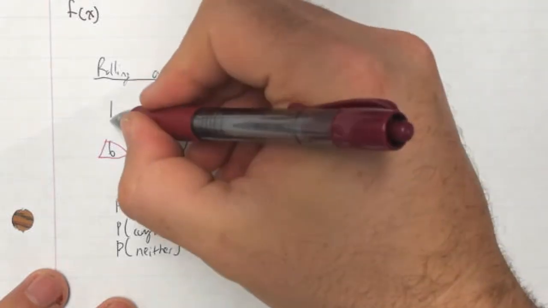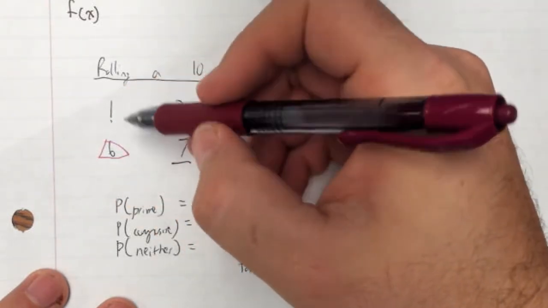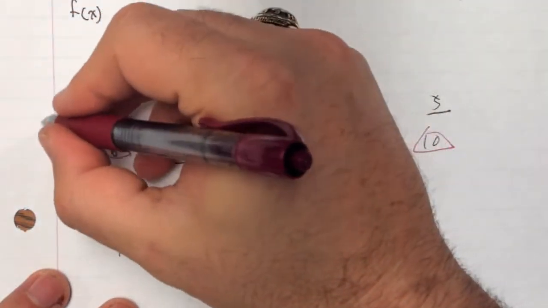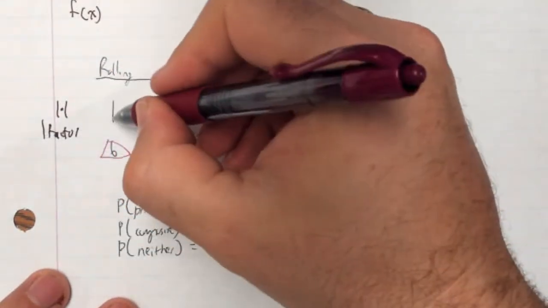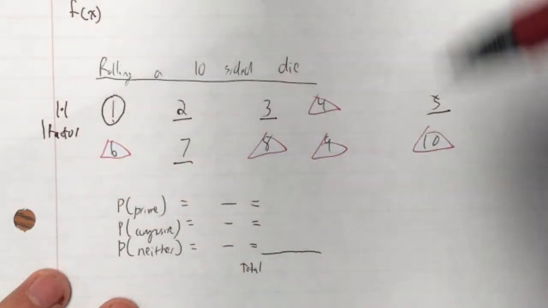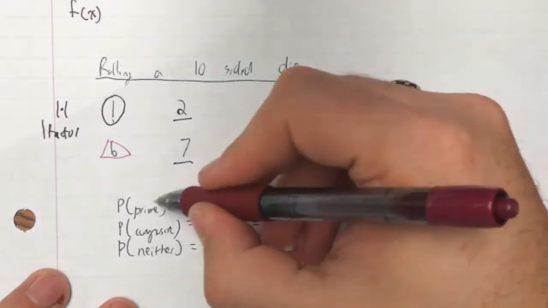But what about 1? How many factors does 1 have? Well, 1 is only 1 times 1, that is 1 factor. So 1 is neither prime nor composite. It's its own category.